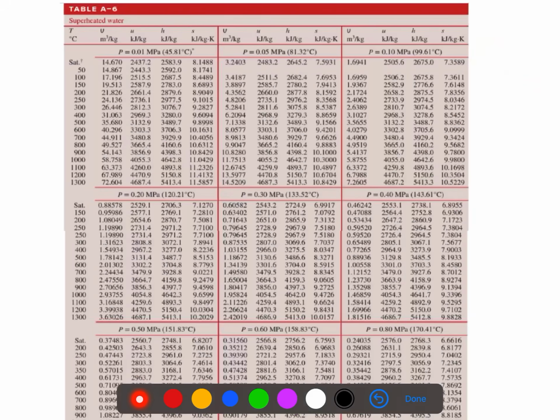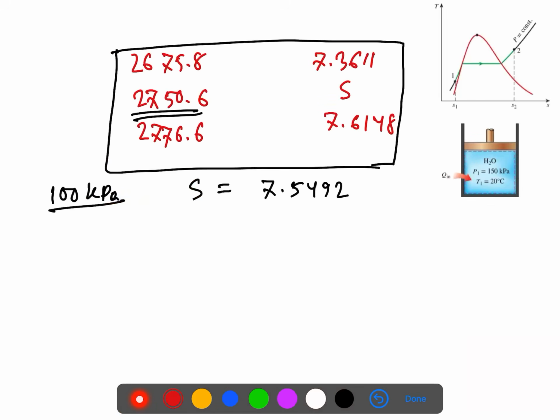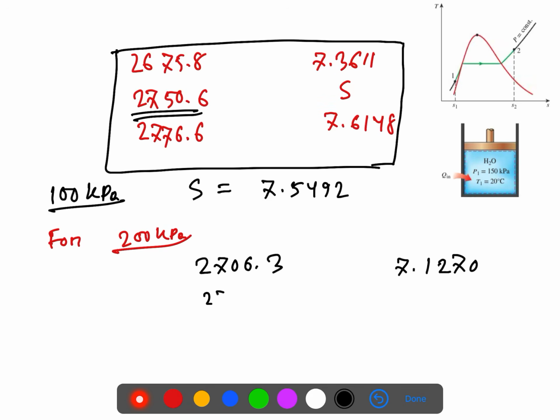Now we need to do another interpolation for 0.2 MPa, that means 200 kPa. Again, using the values from here, let me write it down clearly. For 200 kPa, the enthalpy is 2706.3 and the entropy is 7.1270, and this is 2750.6.